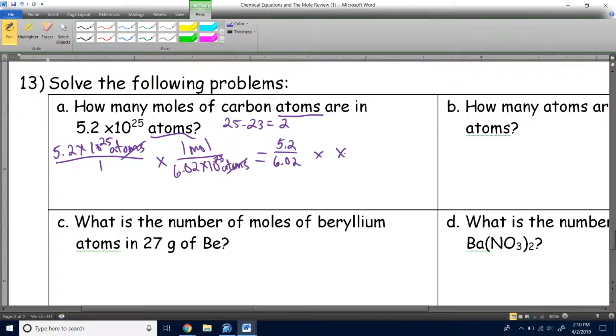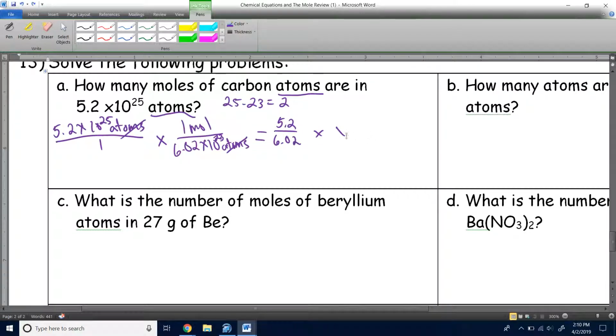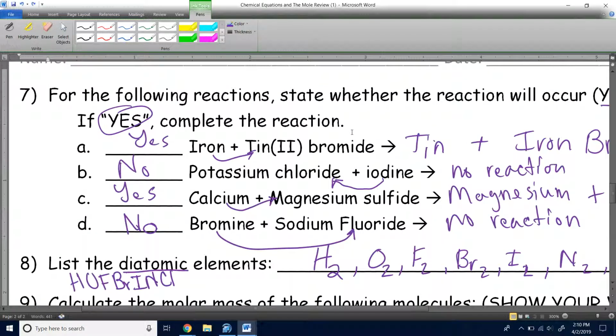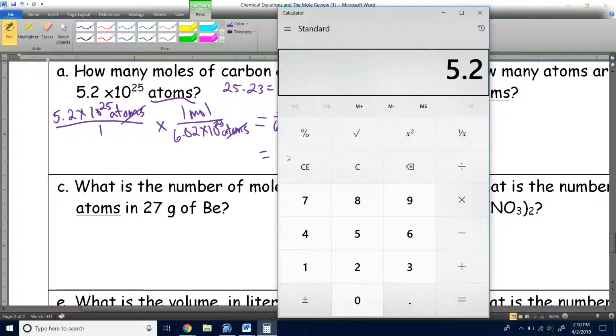So it'll turn into times 10 to the second power, because remember, it's 25 minus 23. So if we type that in our calculators, we get 5.2 divided by 6.02.